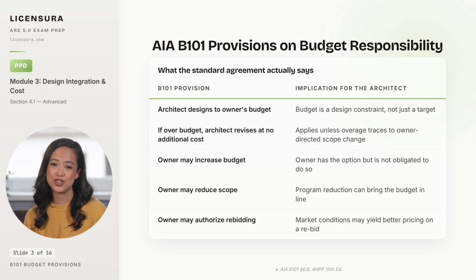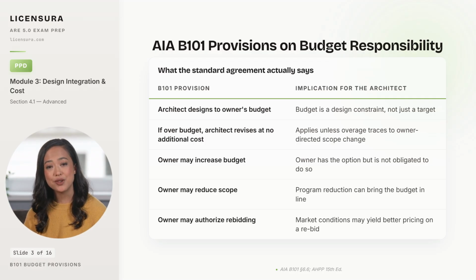The owner may reduce scope to bring the project in line; deferring a wing, eliminating a feature, or pulling tenant improvements out of the base contract are all owner decisions you cannot make unilaterally. And the owner may authorize rebidding when market conditions look more favorable, although that route adds schedule risk. Internalize these five, and you walk into the reconciliation meeting knowing which obligations are yours and which belong to the owner.